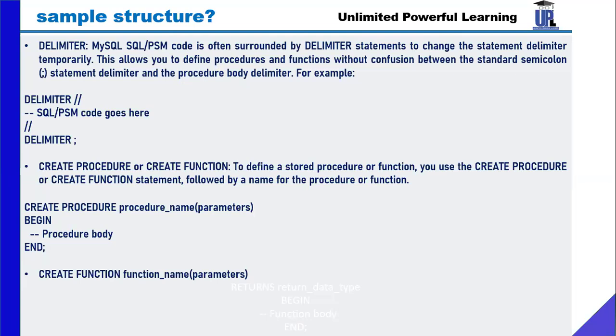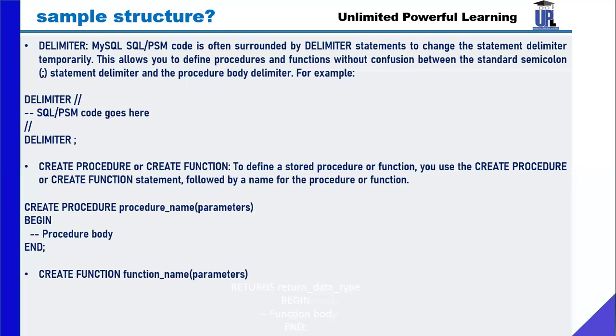To indicate that the procedure or function has started and ended, we expect you to write the delimiter. It can be a double slash temporarily, or they use dollar. We'll see that. Using that, we then write the logic here.